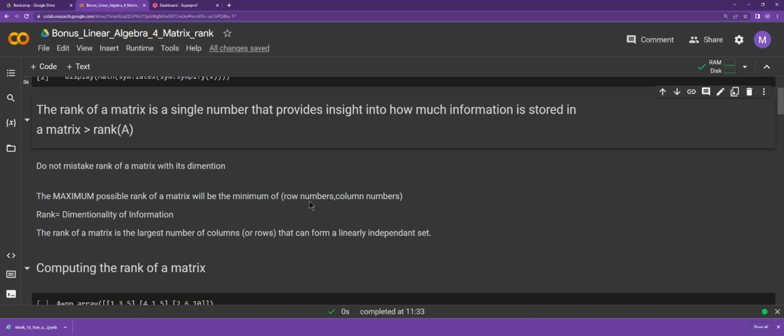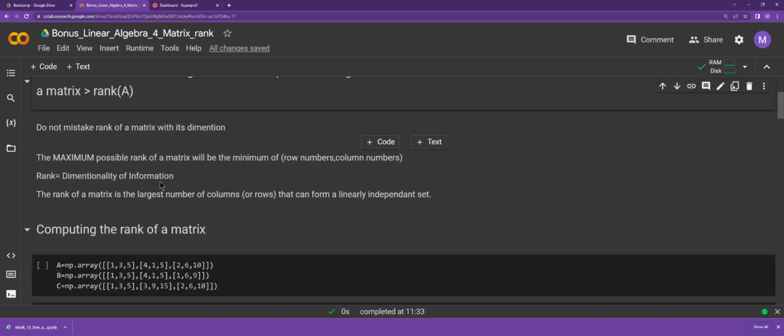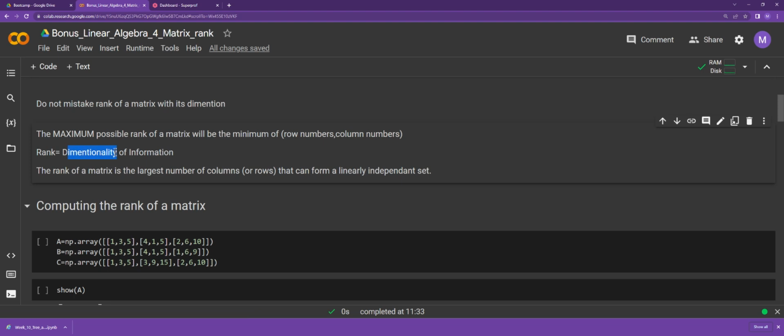So if you have a 3 by 2 matrix, 3 rows and 2 columns, the maximum rank you can get in there is going to be 2. Maybe you can say rank is the dimensionality of information. But of course, as usual, I expect you to be reading about these independently.